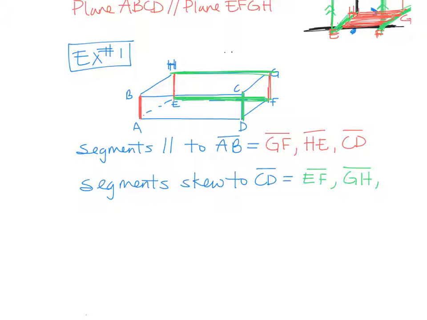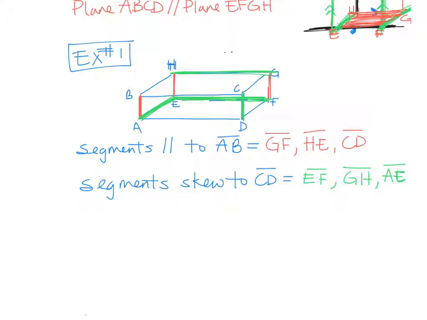Hope, can you give me one? Skew to CD. So something that's never going to touch CD, but is not parallel to it. HE would be parallel because it's going the same direction. AE would be 1. There's one more. One more that's drawn in anyway.